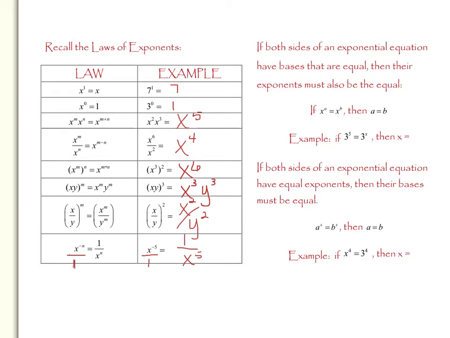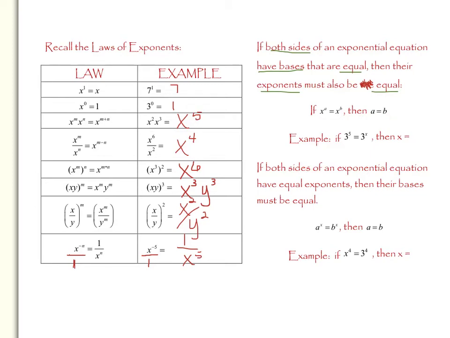Now that we have reviewed these exponent laws, let's learn some new ones to help us solve exponential equations. If both sides of an exponential equation have bases that are equal, then their exponents must also be equal. So here's the rule. If x to the a power equals x to the b power, then a equals b.